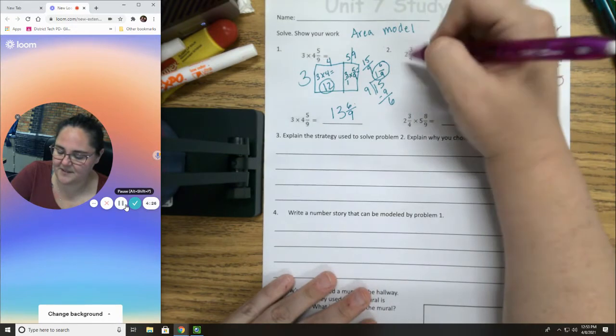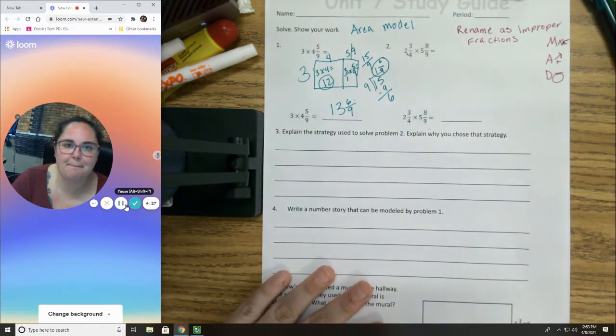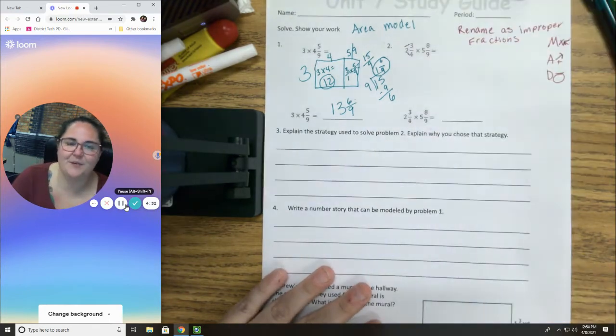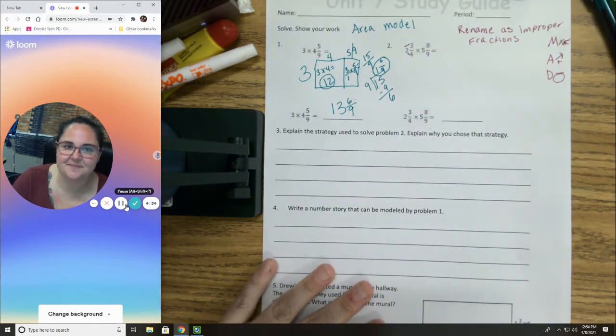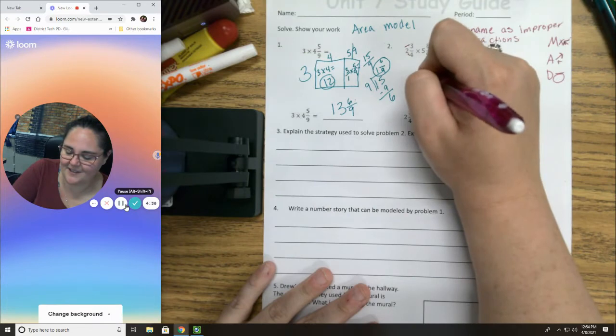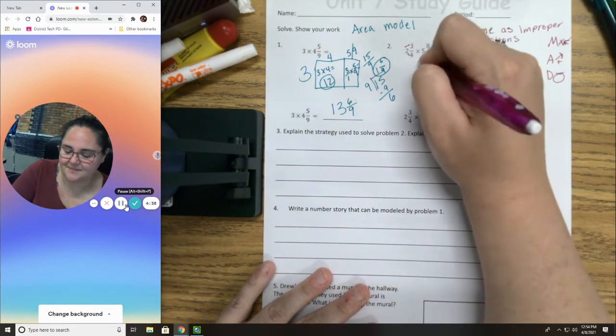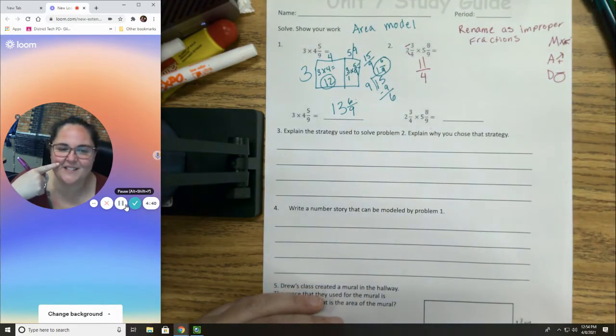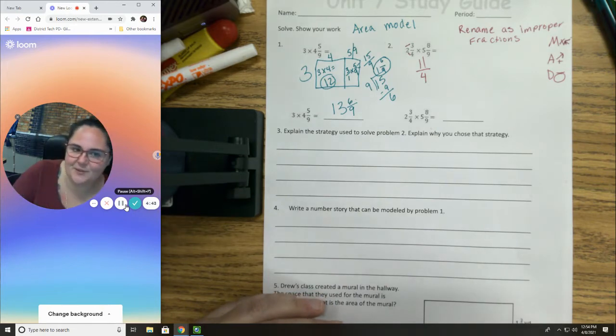So 2 3/4, multiply, 2 times 4. Add 3. My denominator stays the same. 11/4. 2 times 4 is 8, plus 3 is 11.